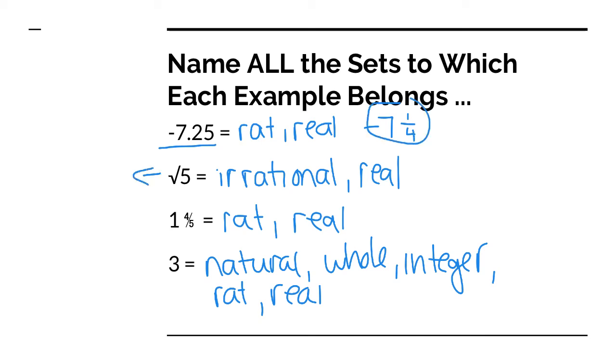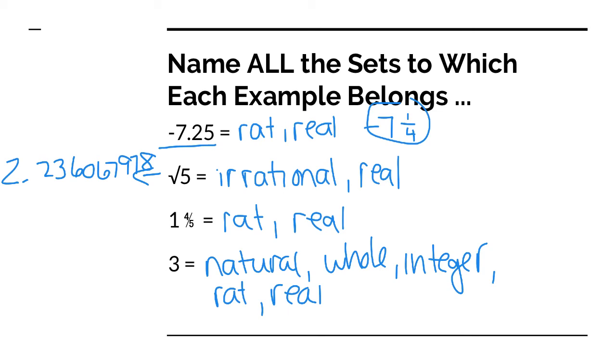This one's a little tricky. When you use your square root key on your calculator, you're going to get this number. And then I run out of display space. So for this year, if that happens, look to see if anything's repeating, and it's not.